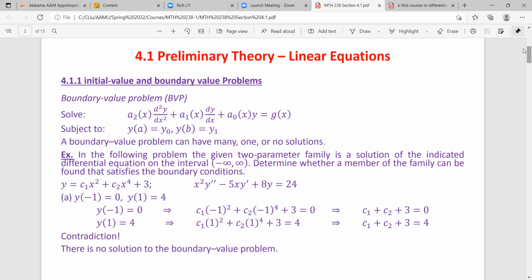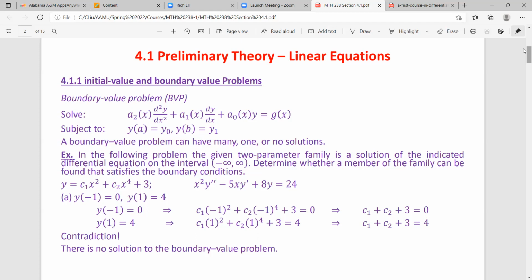So we don't have such a theorem like the previous page about existence and uniqueness of the solution for initial value problems. We don't for boundary value problems. So that's a big difference between these two types of problems. All right, any questions?